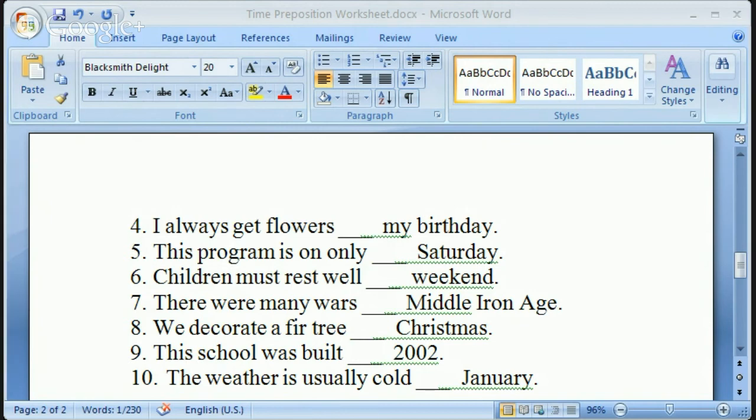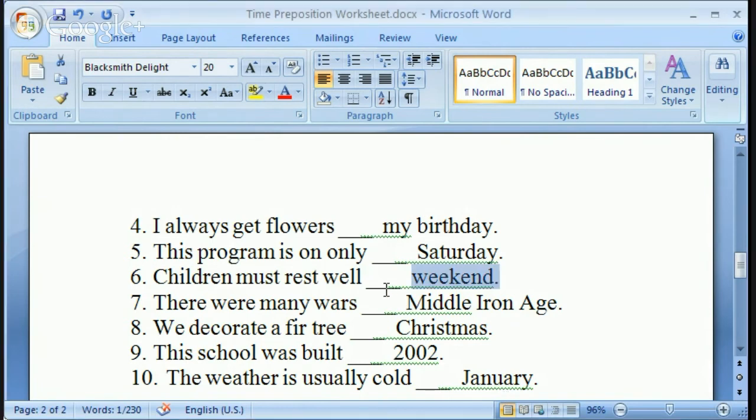British use at the weekend. They think of it as one specific thing. Or even they say at weekends without the article. Americans say on the weekend. But during is also fine, right? During the weekend is actually also fine, because it is a duration.